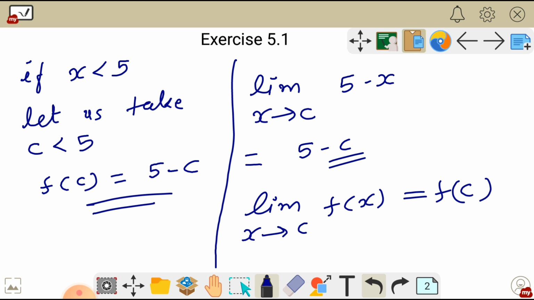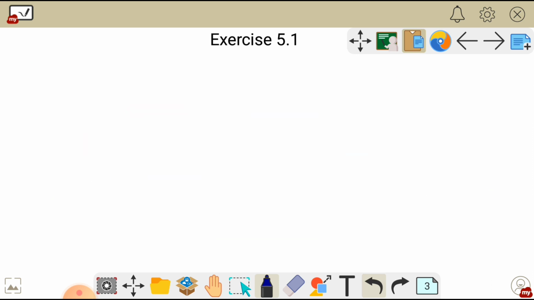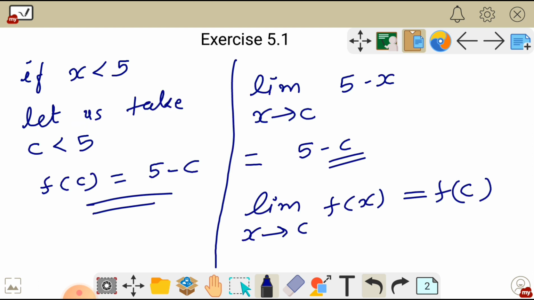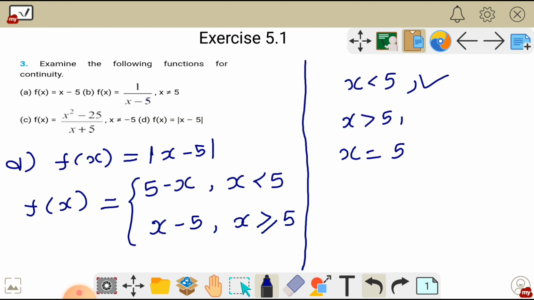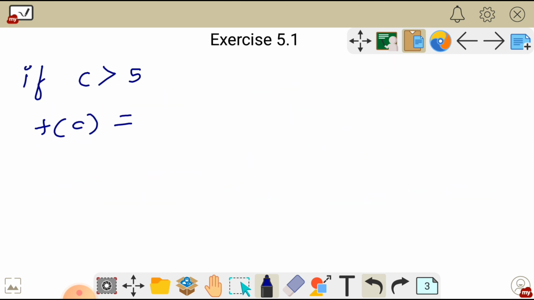Okay. Now for c greater than 5, let us check. Take any point c greater than 5, then f of c is equal to, now what will be our f of c if c is greater than 5? It is x minus 5. So it is c minus 5.